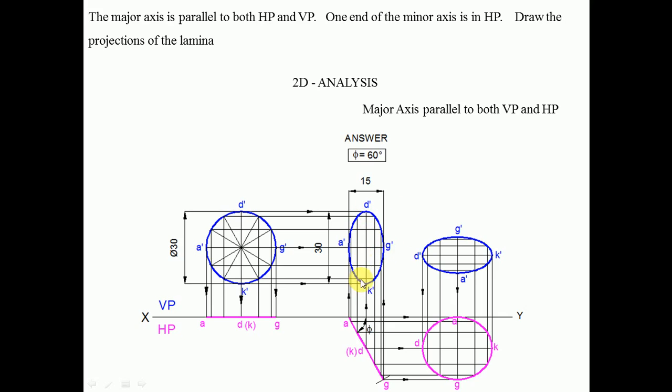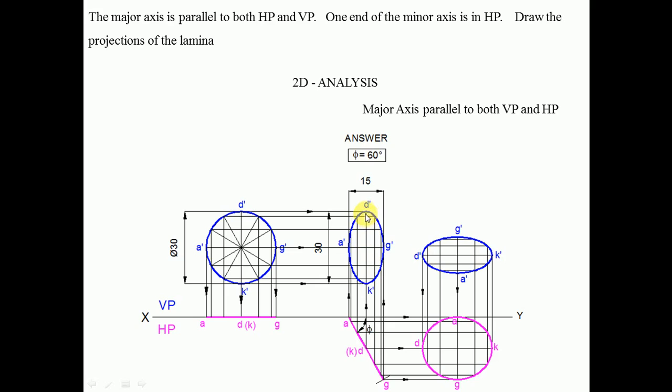To do that, you rotate this second position front view by an angle of 90 degrees. It can be rotated in a clockwise or anti-clockwise direction. In this case, I have rotated in the anti-clockwise direction. Here take the length of DK and draw a horizontal line.